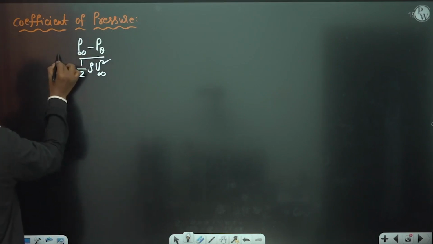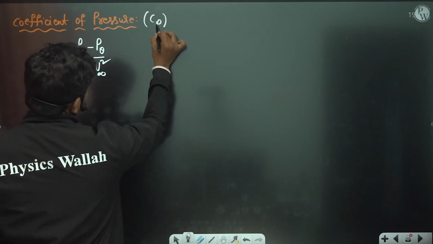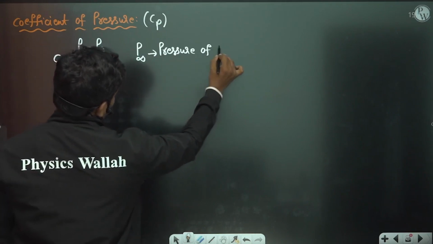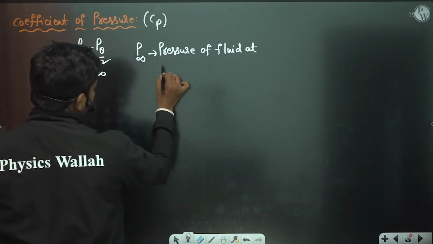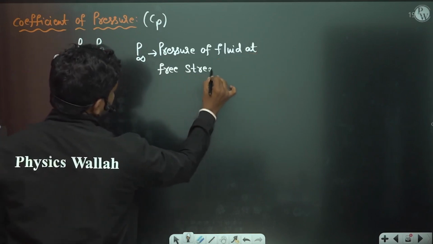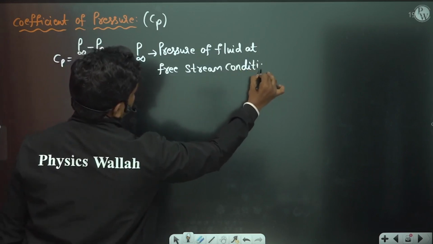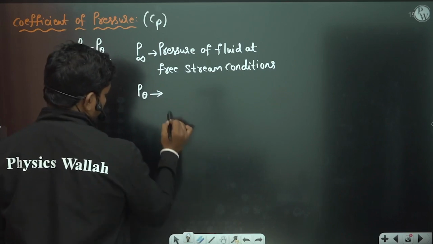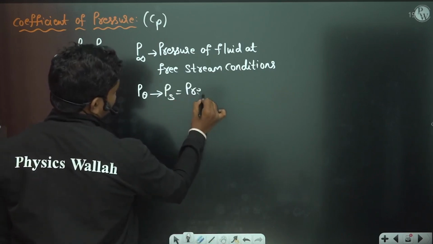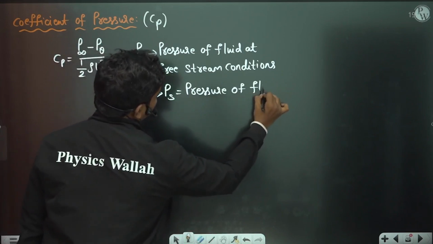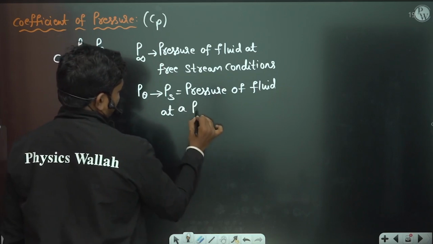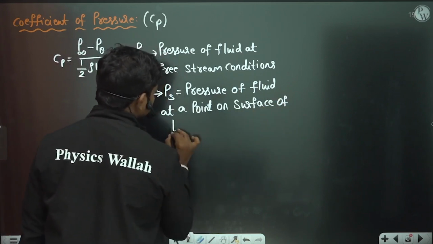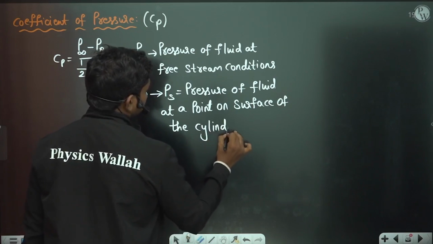This is what you have for the coefficient of pressure, Cp, where P infinity is the pressure of fluid at free stream conditions, and P theta, generally called PS, is the pressure of fluid at a point on the surface of the cylinder.